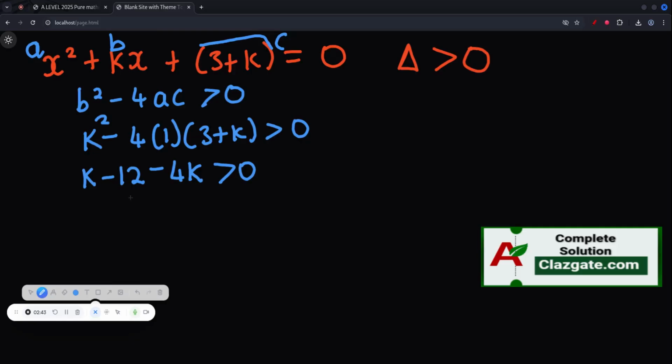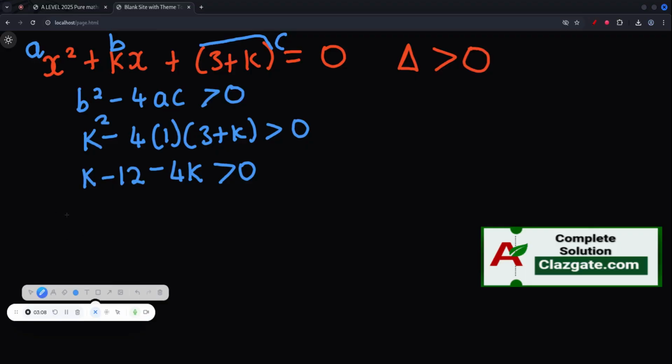Is there a number that can multiply to give 12 and add to give negative 4? Yes, those numbers are negative 6 and positive 2. But let's just do the quadratic formula way.